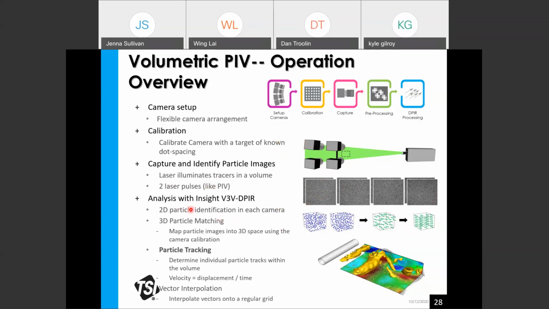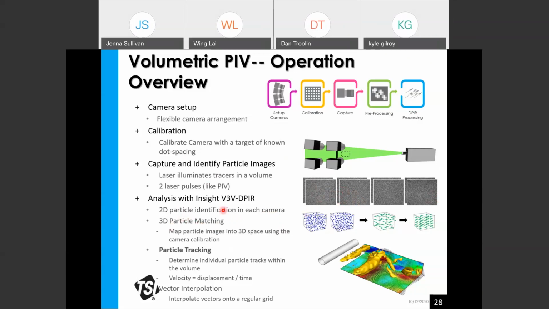The first step is we look at the individual particles captured by the cameras, to identify the particles for each camera. Again, based on the information from the 4 cameras, we use triangulation techniques to map the particles of these 4 cameras back into the fluid space.